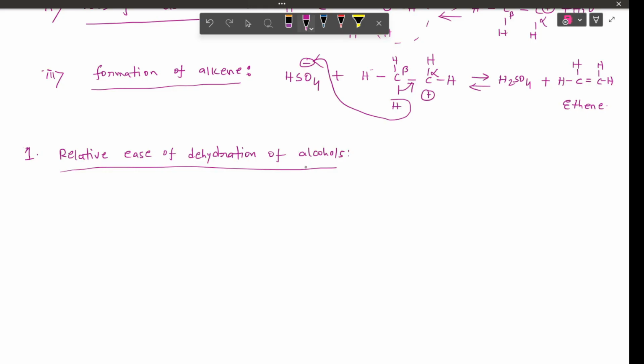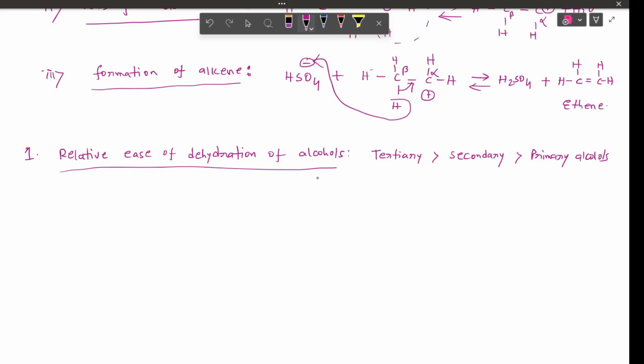We know that the ease of dehydration of alcohols leading to the formation of alkene has the order tertiary is greater than secondary is greater than primary alcohols. Tertiary alcohol will have higher priority than secondary alcohol, then primary alcohol.